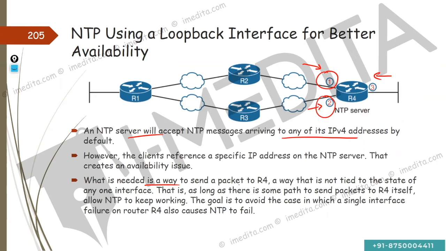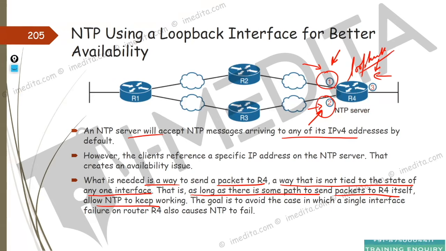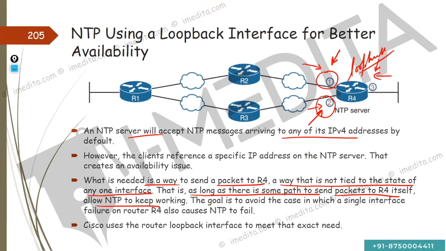What is needed is a way to send a packet to R4 that is not tied to the state of any one physical interface. That is, as long as there is some path to send packets to R4, we want NTP to keep working. So that is why we avoid using these physical interfaces here, and rather than using them, we create a loopback interface on R4 for the same thing. I hope this clarifies this.